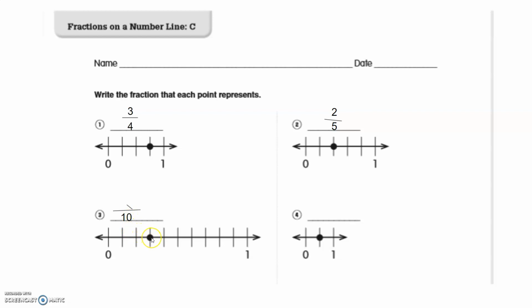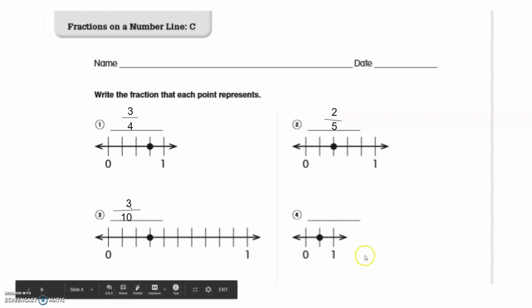And now we count the spaces to this dot. 1, 2, 3. So this number on top is 3, and it's 3/10. Okay, so I've done 3 problems for you for homework C, and I think you can do the rest now. And this one is super easy, so you can do that one and all the rest.